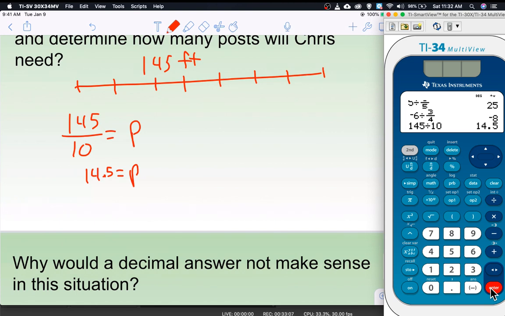No. He would need full posts for every single one of them. So saying 14.5 doesn't make much sense. You would probably need to round that up to, say, 15 posts he would need instead of 14.5. You wouldn't want half a post somewhere.